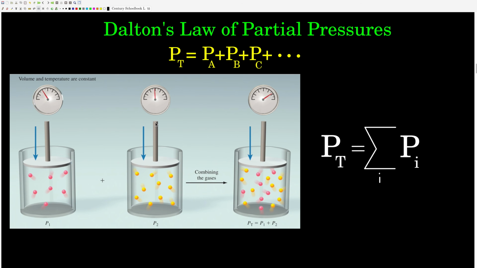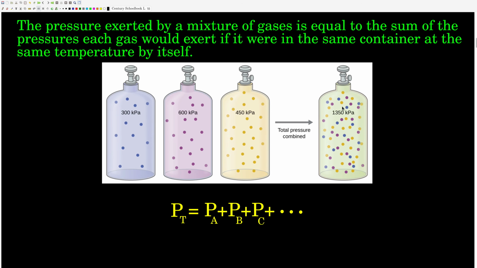And when we say partial pressures, let's go back here for a minute, guys. In this mixture over here, the pressure of the first gas, the 300 kilopascal one, the pressure that it exerts inside of this container, under the same conditions, is 300 kilopascals. That pressure is called the partial pressure of that gas.